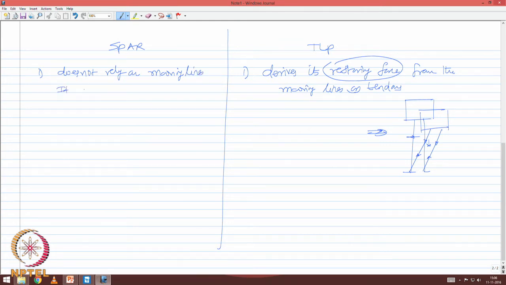It resists by the deep draft cylinder only. We also said in TLP, because of reversal of axial forces in the tendons, it can be subjected to a fatigue failure.